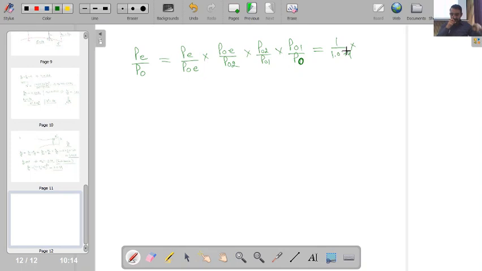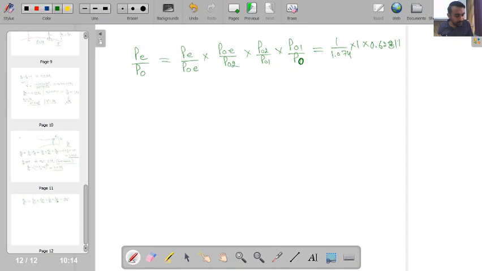What is POE by PO2? POE is the stagnation pressure at exit. PO2 is the stagnation pressure just at the downstream of the shock wave. So these will be equal because this is an isentropic flow situation. So 1, multiplied by PO2 by PO1 for a normal shock wave, which I have calculated, and that was coming out to be 0.6281.